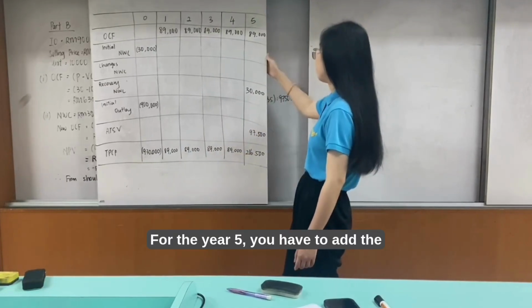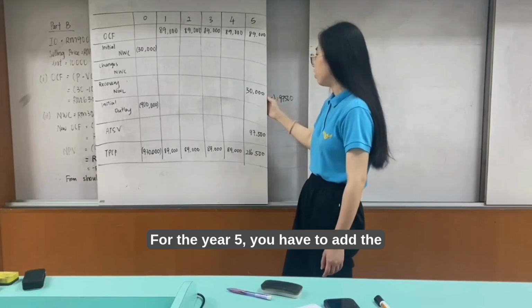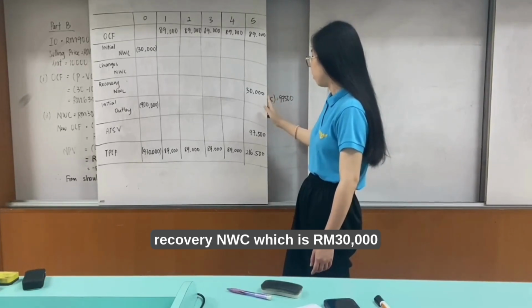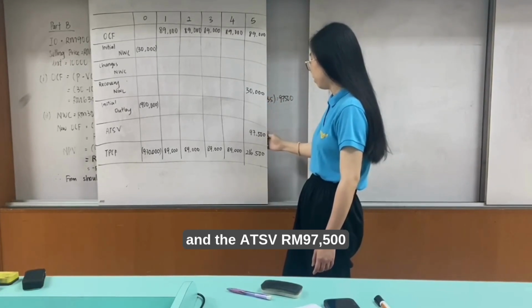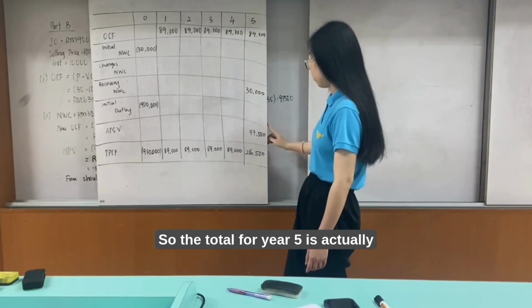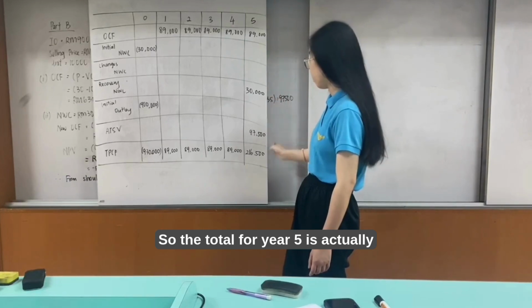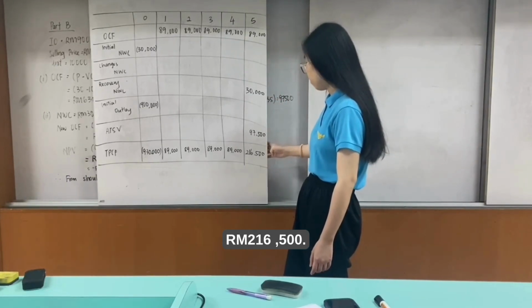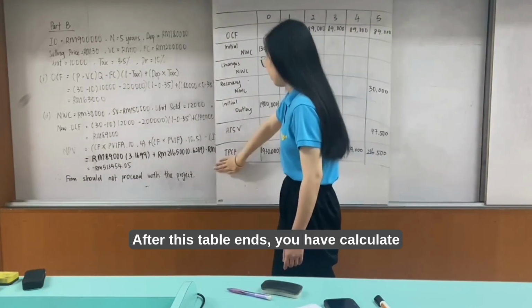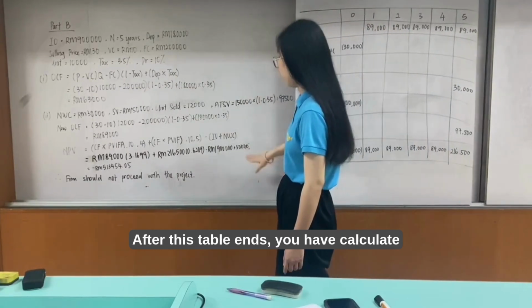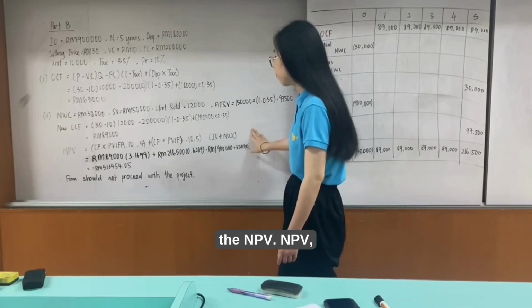For year 5, you have to add the recovery of NWC, 30,000, and the ATS value, 97,500. So the total for year 5 is 260,500.